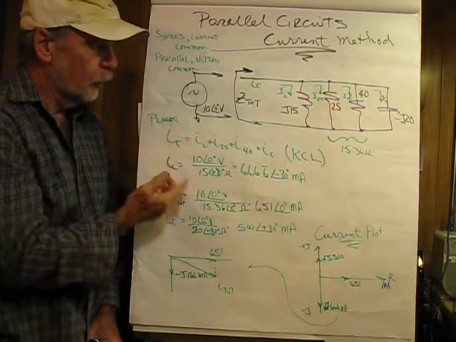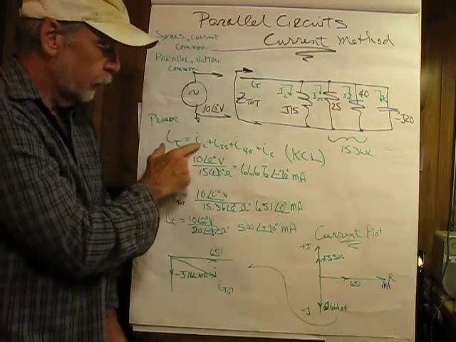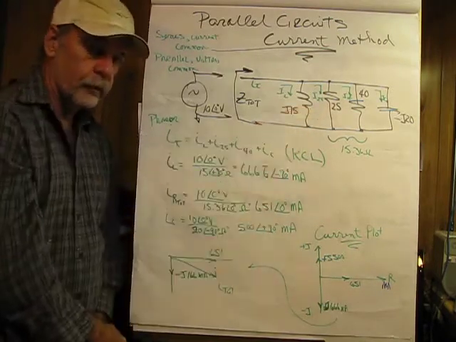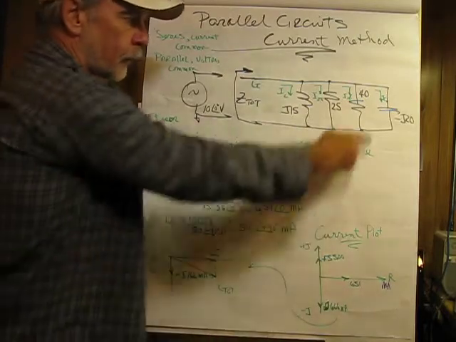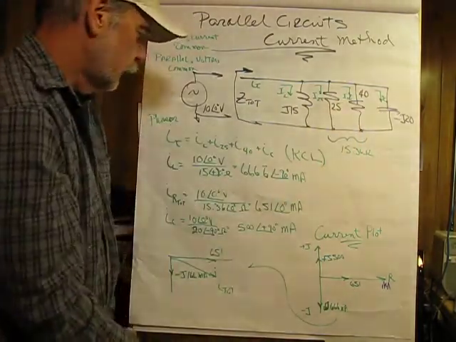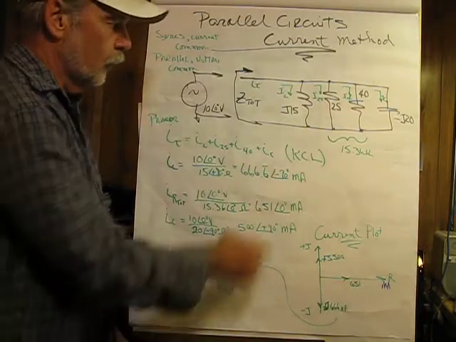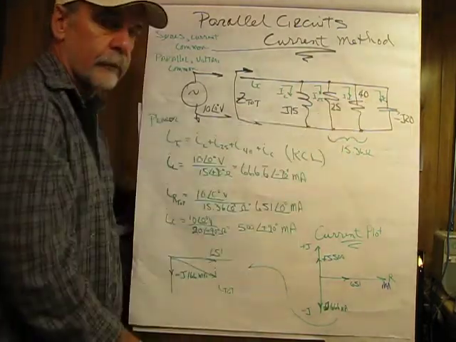So I total, according to Kirchhoff's current law, is going to be equal to the inductor current plus the current through the 25 ohm resistor plus the current through the 40 ohm resistor plus the current through the capacitor. So what we can see by looking at this is that more current is going to be flowing through the inductor than is going to be flowing through the capacitor.